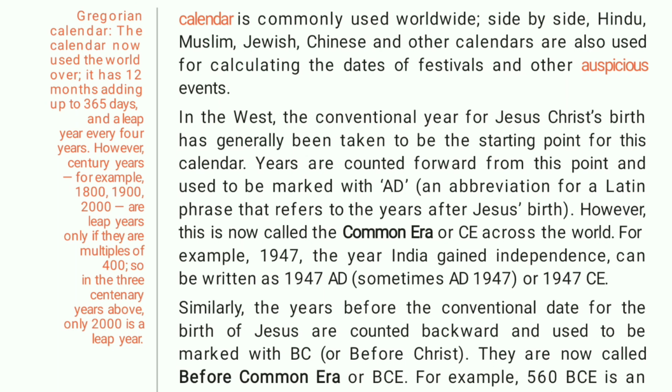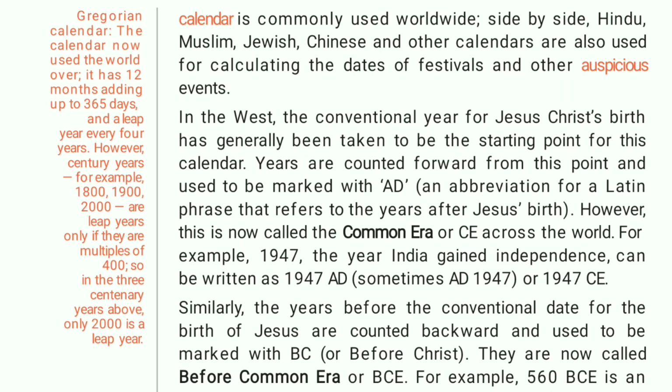However, this is now called the Common Era or CE across the world. For example, 1947, the year India gained independence, can be written as 1947 AD, sometimes AD 1947, or 1947 Common Era.